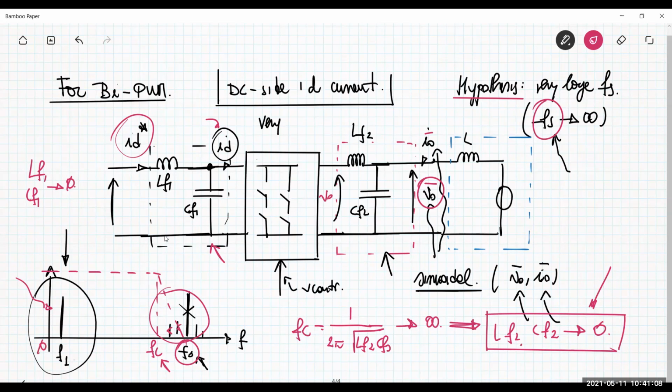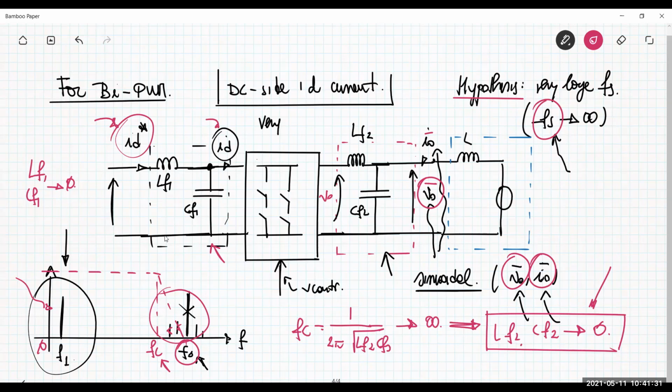We know that on the output side, this results in a voltage V naught and a current I naught that are sinusoidal. Now we are interested in what happens for the current ID star, which is the filtered current depurated from the switching Fs components of the spectrum.